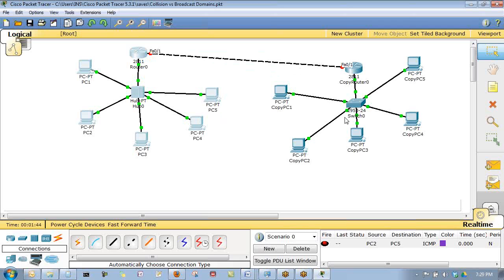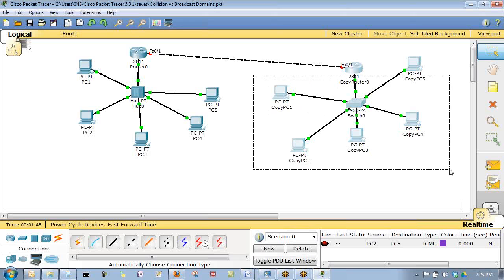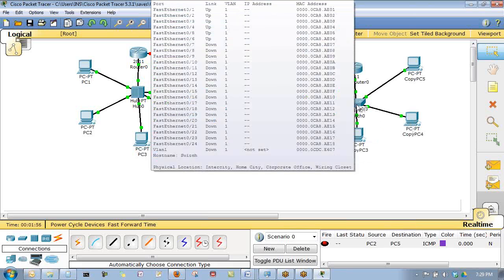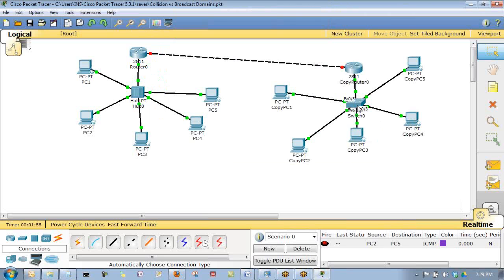And each one of these connections to the switch is its own collision domain. Remember, with a switch, every port on a switch is its own collision domain, whereas with a hub, everything connected to a hub belongs to the same collision domain.